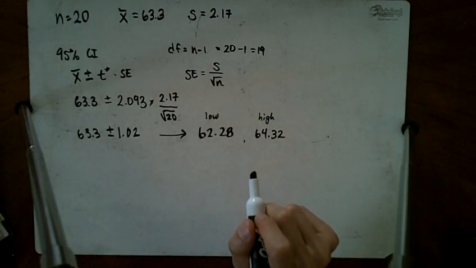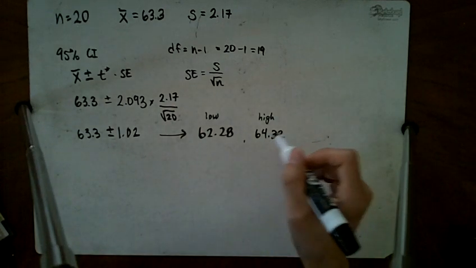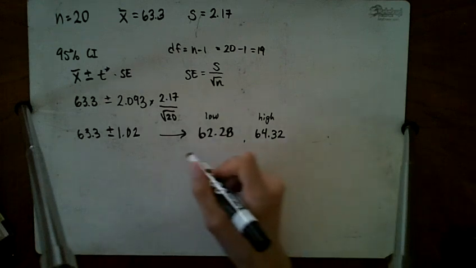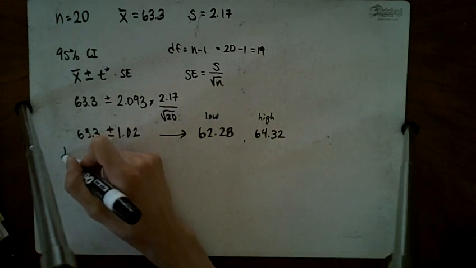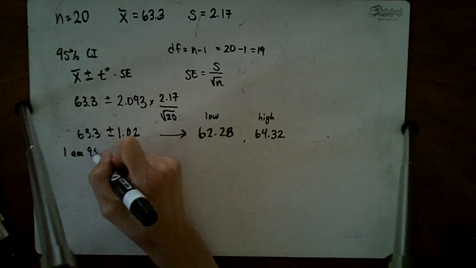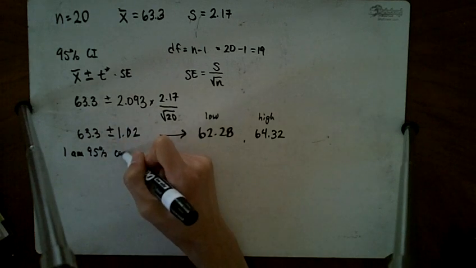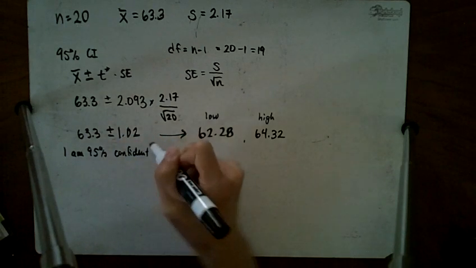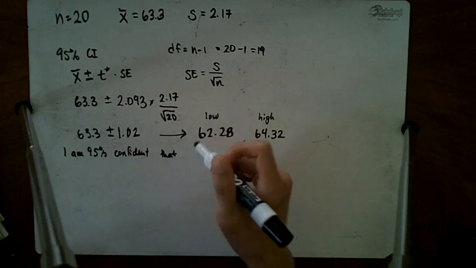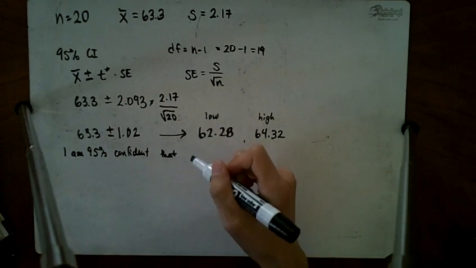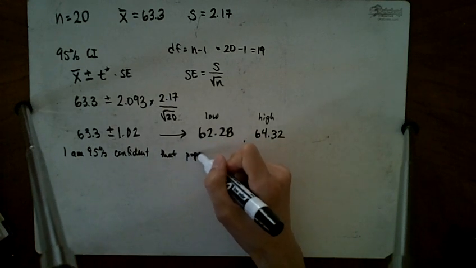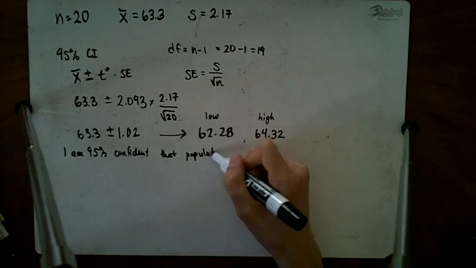Alright, so this is our 95% confidence interval. So I would write I am 95% confident that the population mean, so in this case, what is the mean that we're looking at?